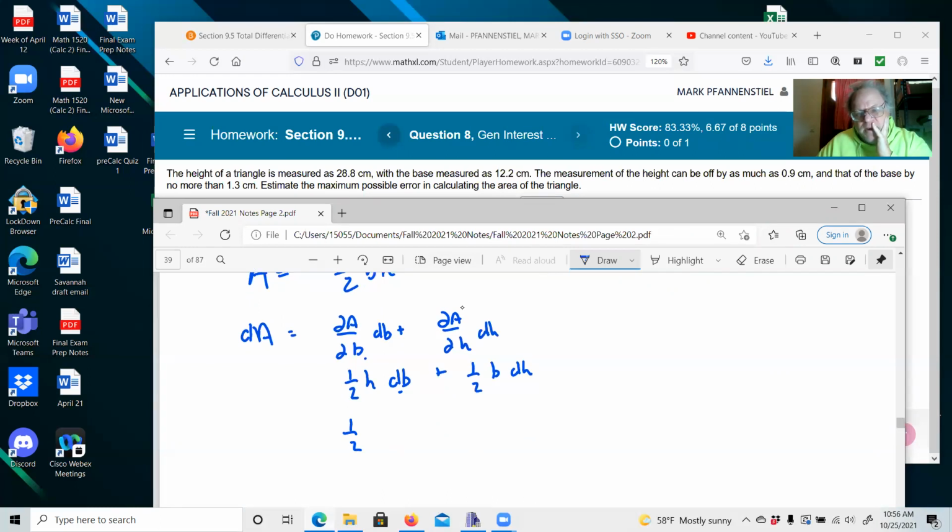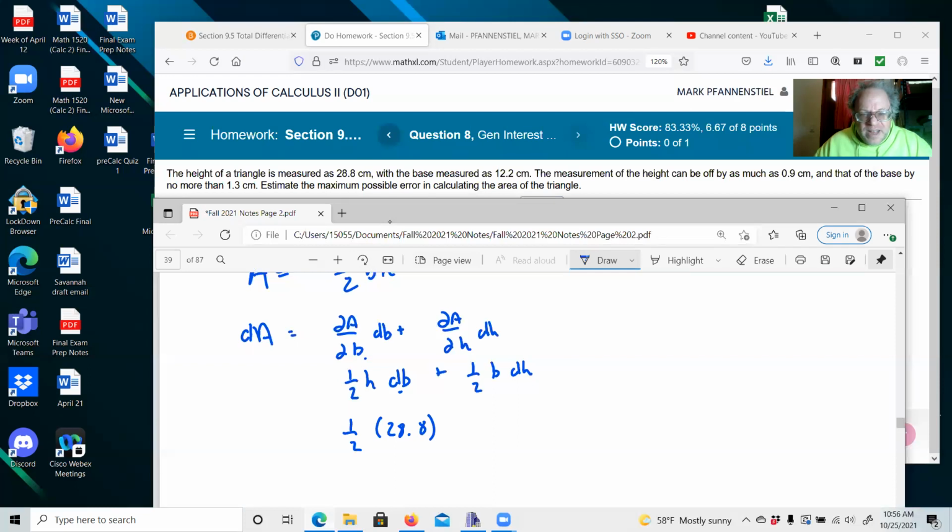The height could be off by as much as, what's our height? At first I'm glad they didn't ask us to do this. I was expecting to have to approximate the 28.8 with a 1.2 possible thing, doing some kind of a weird second derivative thing, second order total derivative. We never did those.